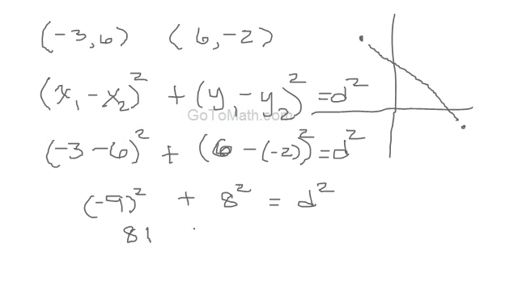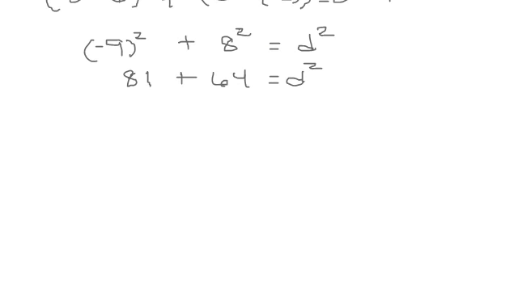That'd be negative 9 times negative 9, and 8 squared is 64. Okay. And then of course 81 and 64 is 135. Yeah, 81 plus 64. I mean 145.